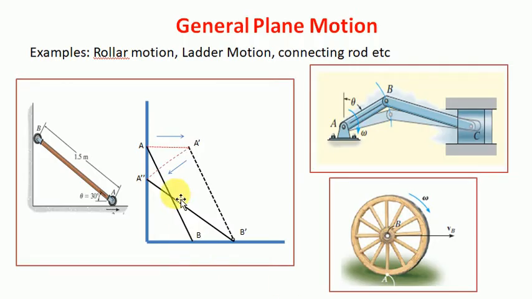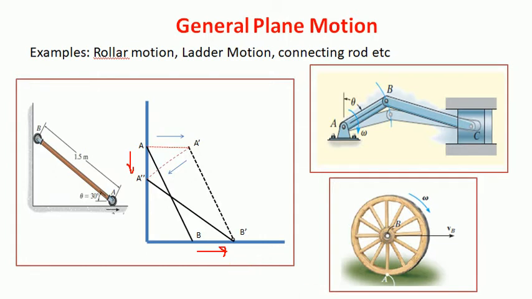So let's take AB as the initial position of the ladder. After some instant A moves down to A double dash and B moves down to B dash. So let's analyze this as the sum of translation and rotation.